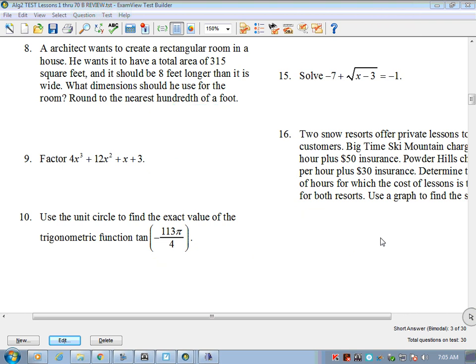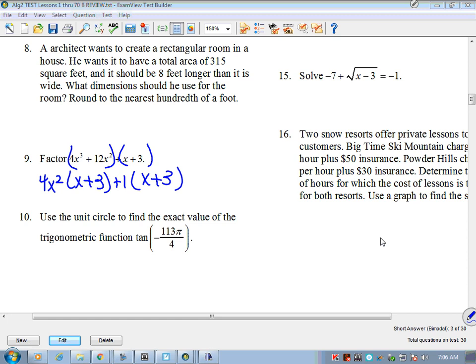All right, number 9, factor 4x cubed plus 12x squared plus x plus 3. I think what I can start off by doing in this is factor by grouping, if at all possible. Looks like I can factor out a 4x squared, leaving me with x plus 3. I can factor a 1 out of the right-hand side, leaving me with x plus 3.